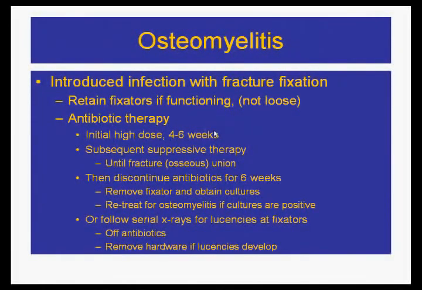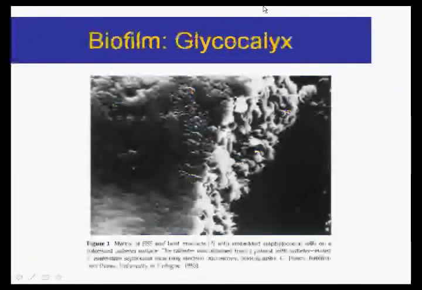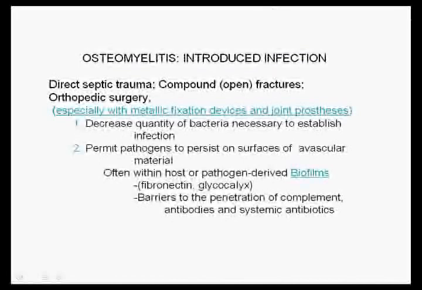Does the organism generate the biofilm, or does the organism stimulate the host to make the biofilm? Either one is possible. If I go back to that slide, the glycocalyx is a polysaccharide that's produced by the organism, and it's produced in association with adherence to material, to plastics, to metal. Very common with coagulase-negative staph, very common with gram-negative bacilli.